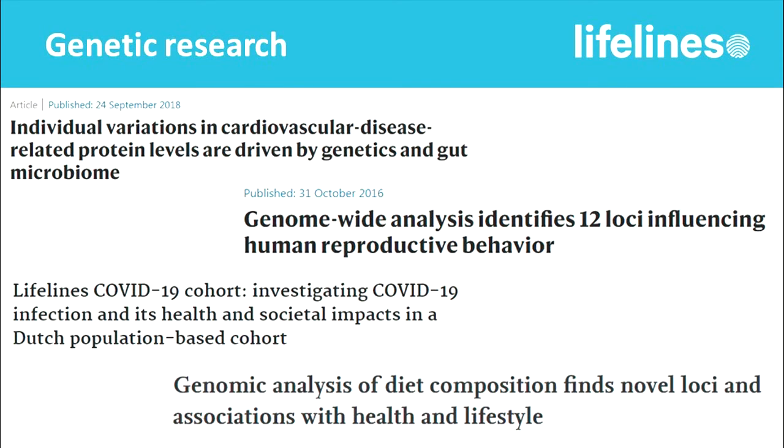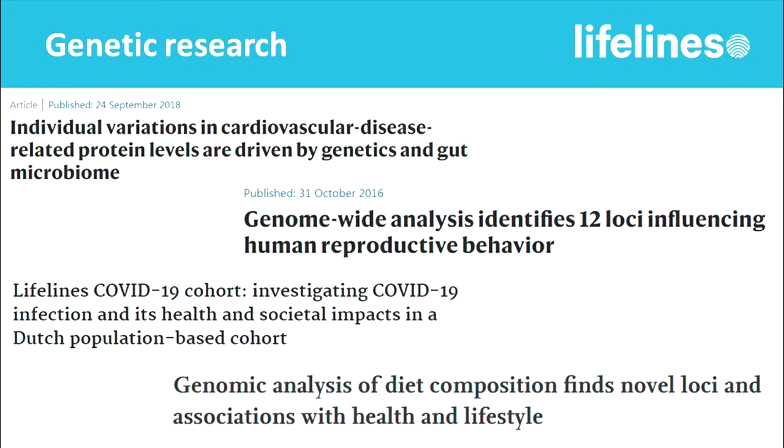Well, these are some examples of genetic research that's being done by researchers from other universities. And this was all done with Lifelines data, and here you can see the variety of types of research that can be performed. So this is also something you can think about when you want to submit an application for Lifelines data. So the first one, for example, combined cardiovascular disease with genetics and gut microbiome.